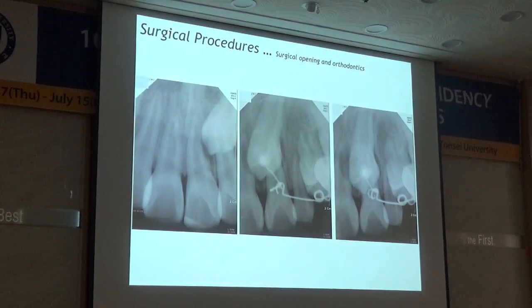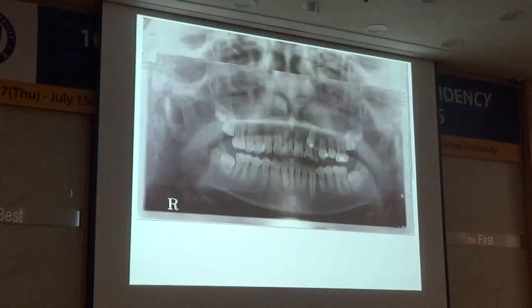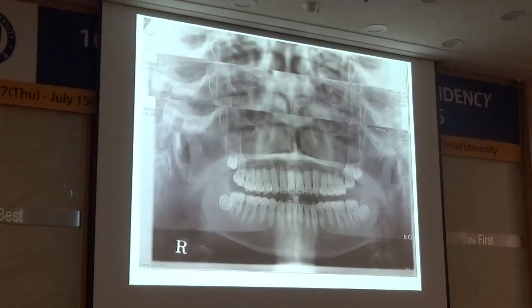After the operation, we took periodic views like this one, showing the movement, and this is the final result. We can see some root curvature like this one, but it is good unless she needs an endodontic procedure.